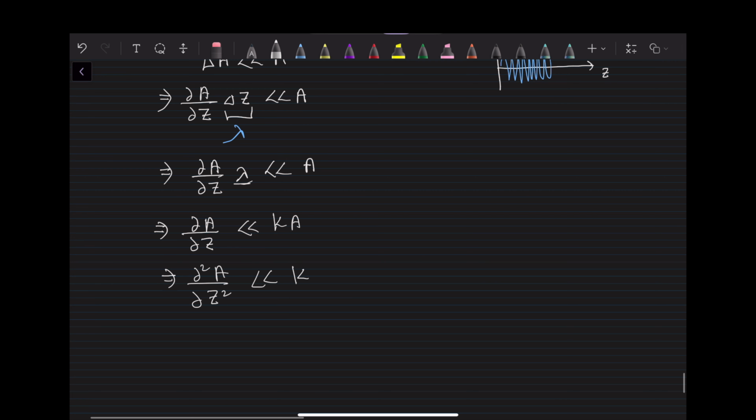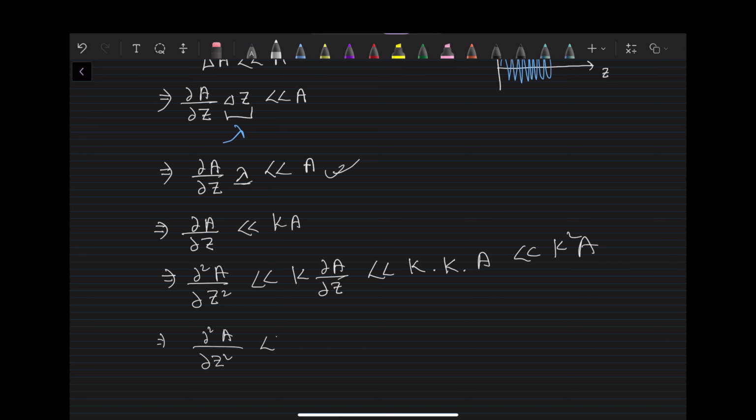What I can have here is del A by del z. Then again this will be very small compared to k times A. So it's very small compared to k square by A. So what I have got here is the second derivative is very small compared to k square times A.